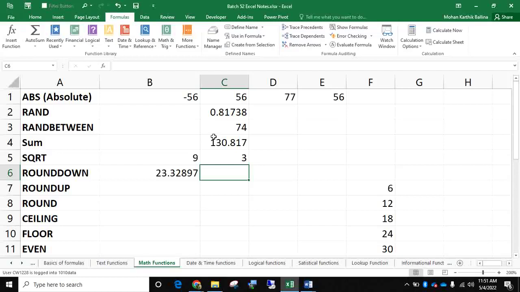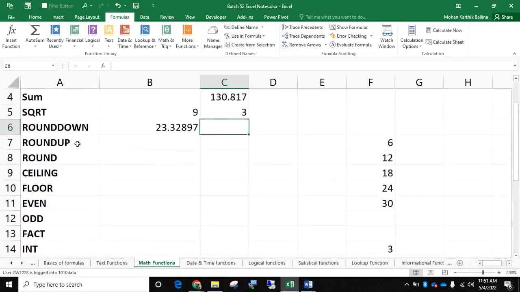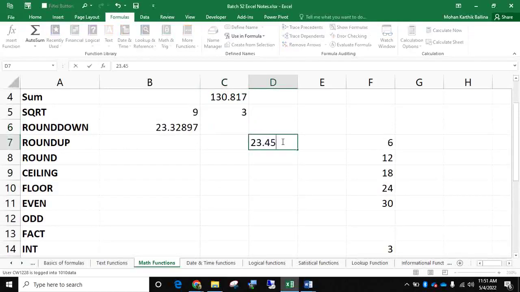For example, I want to see ROUNDDOWN. Can anyone tell me, for 23.453, I want only 2 digits after the decimal, though actually there are 3 digits.